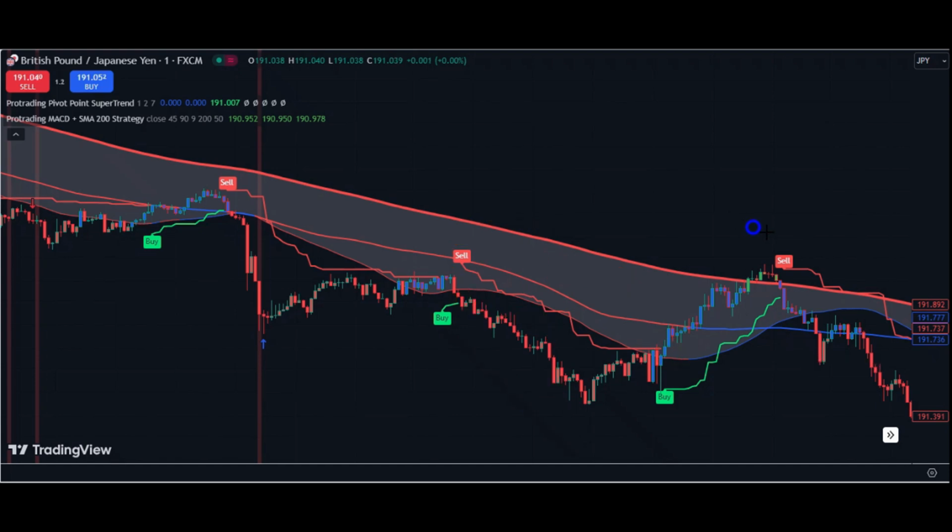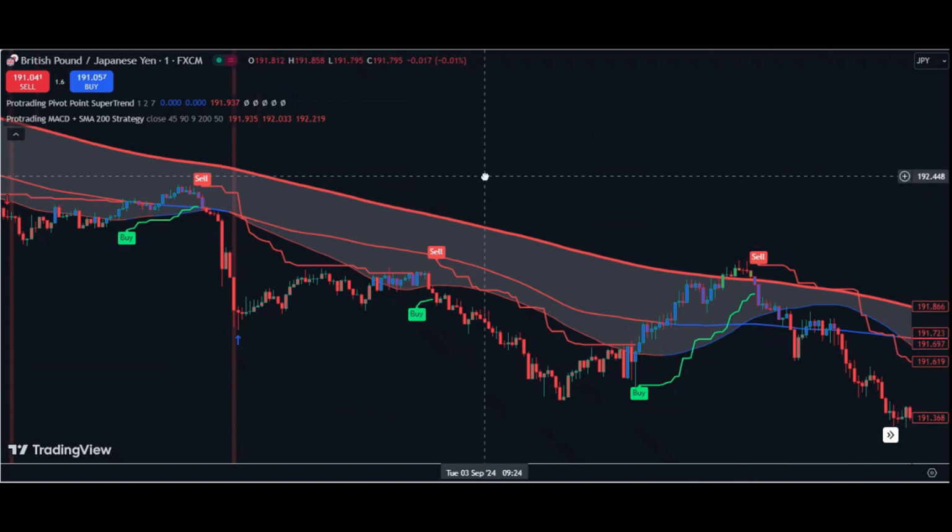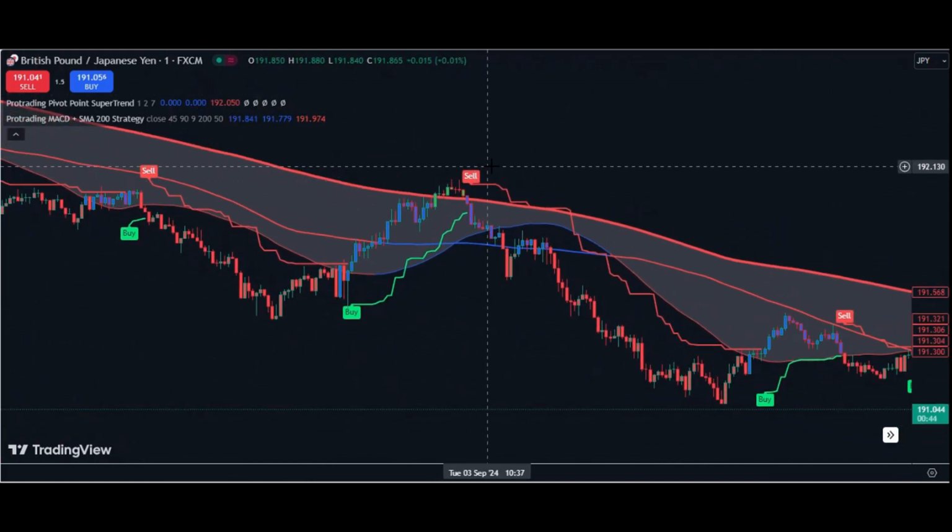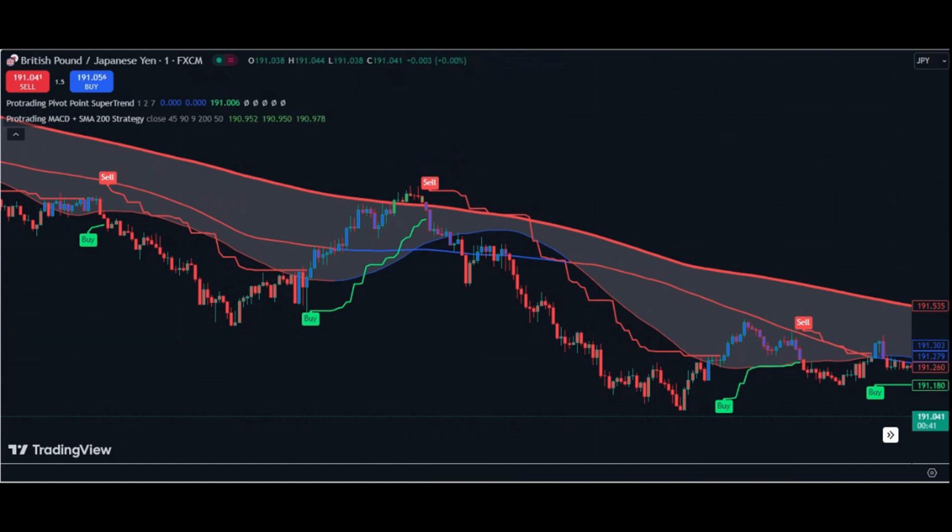If you see at this point here, there is another signal. Here you get a sell signal, but price is inside a cloud. You need to wait, exercise patience until you get to this point when price has closed below the cloud. Once you get the price below the cloud, what do you do? You get your horizontal line and mark at the edge of the price that closed below the cloud.